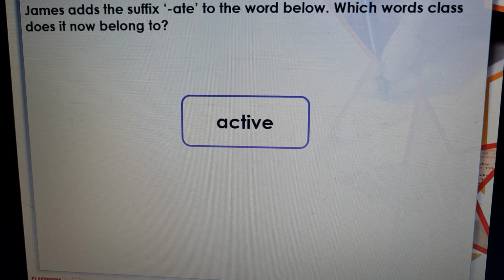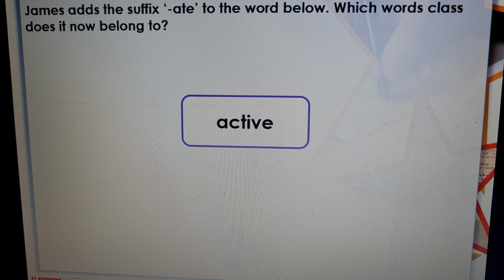Let's look at the next one. James adds the suffix ate to the word below. Which word class does it now belong to? Well, this is one of the words that we came across in an earlier slide. Active. And do you remember what it became when it became activate? Pause this video if you need to and have a think about that.